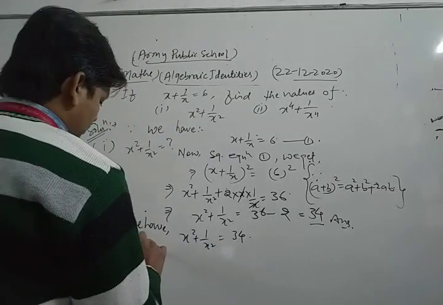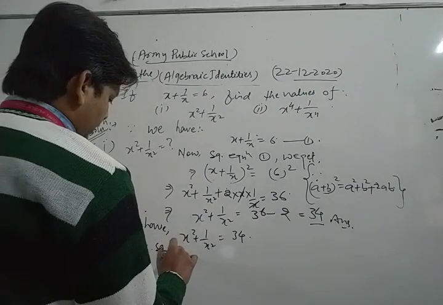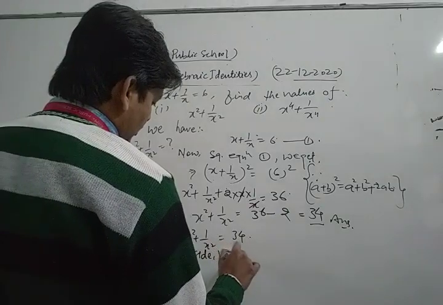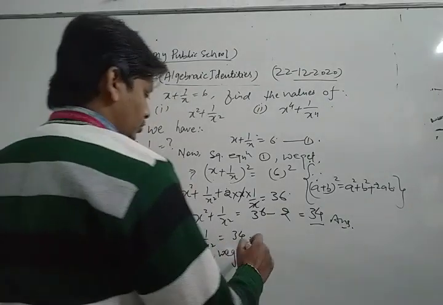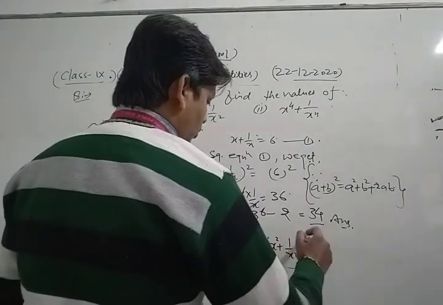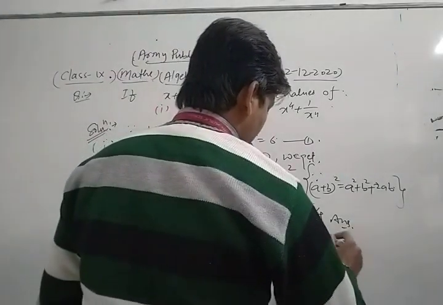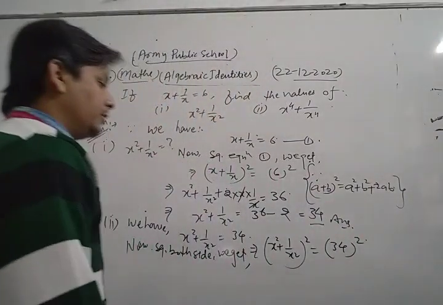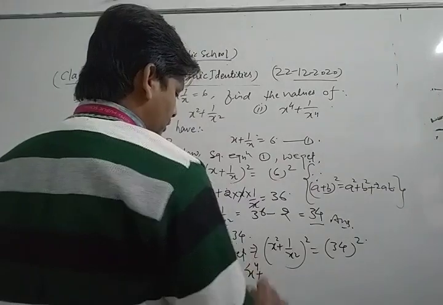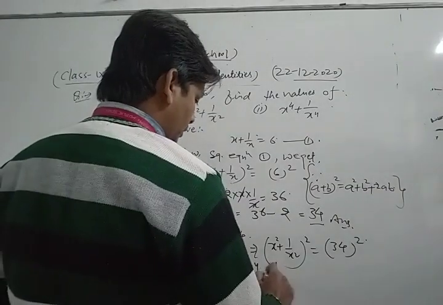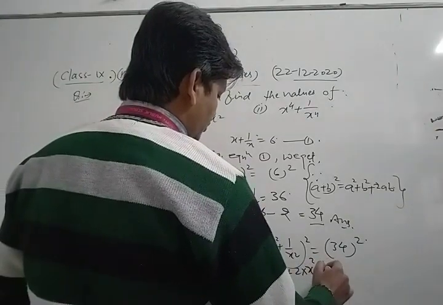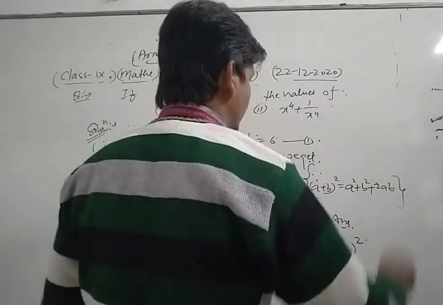Squaring both sides, we get x square plus 1 upon x square whole square is equal to 34 square. Now a square means x to the power 4, plus b square means 1 upon x to the power 4, plus 2 into a into b, is equal to 34 square, that is the square of 34.